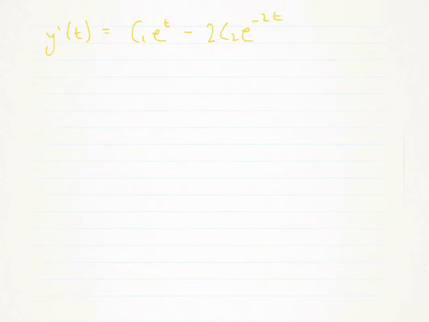And remember at the start, if you go back to the start, we were told that y dash of 0 is equal to 1. So that means when I put in 0 for these t's, the answer is going to be equal to 1.